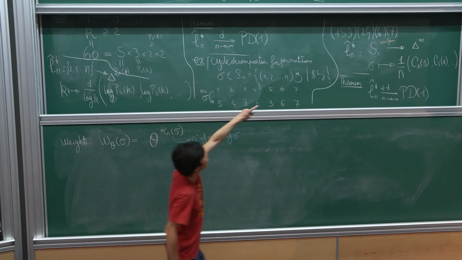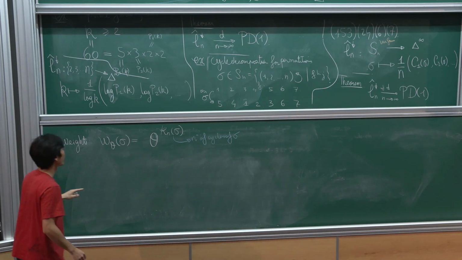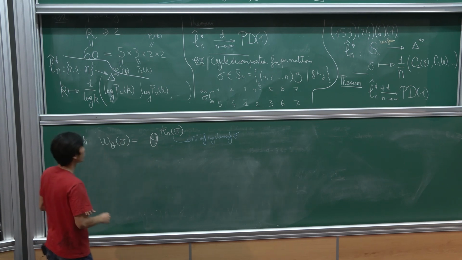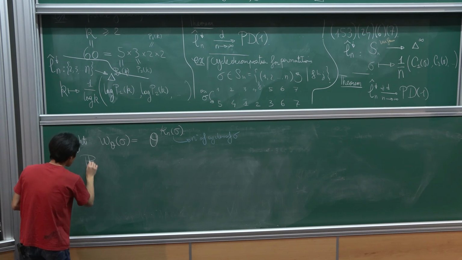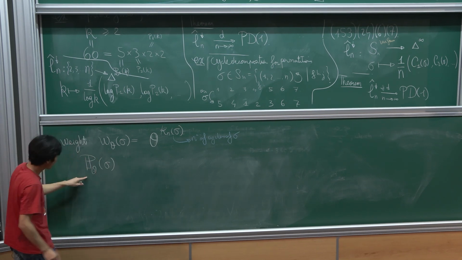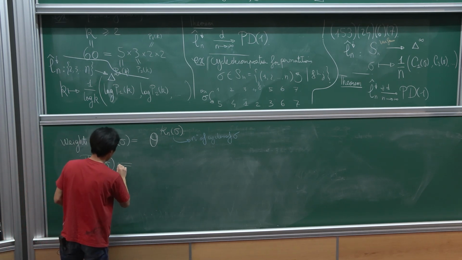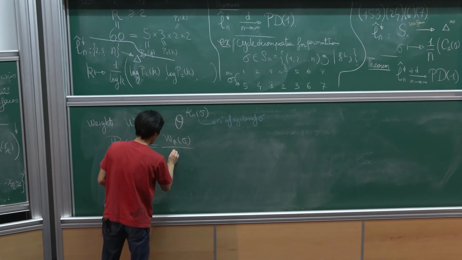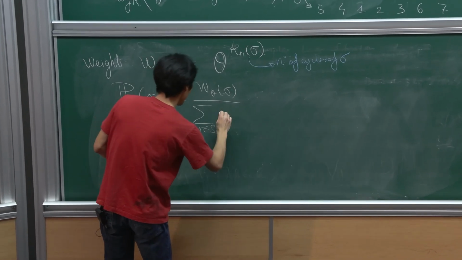In this case, it will be 4, so theta to the power of 4. So you have a weight for every single permutation. And by definition, you define your new family of measures. The probability that you pick this very permutation is defined to be its weight divided by the sum of all the weights.